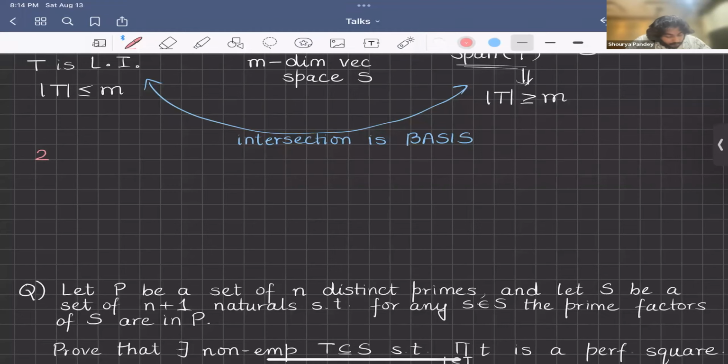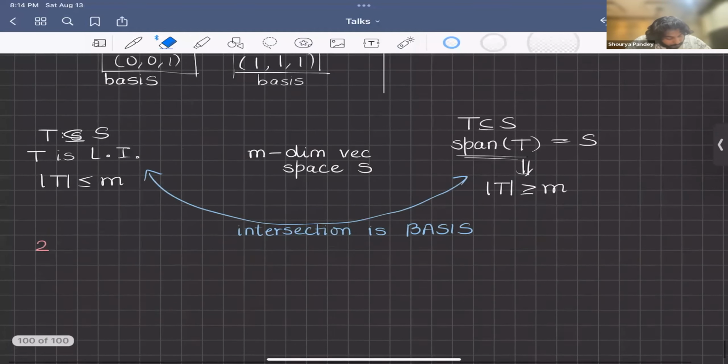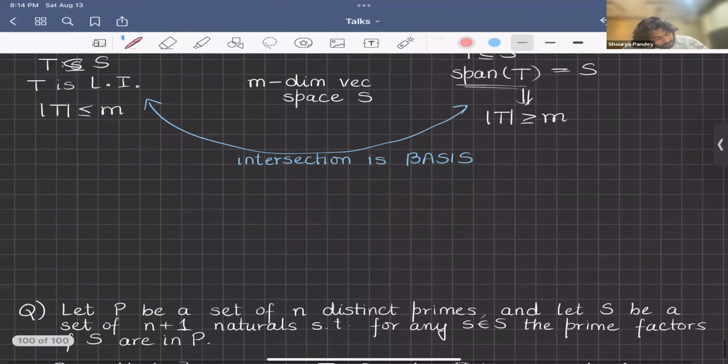It's the set containing vectors that are n-dimensional, but each element is just 0 or 1.